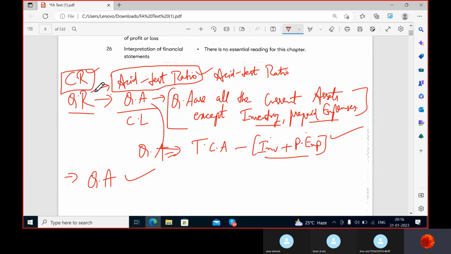Quick ratio is also called the acid test ratio. I already told you, acid test is a slang used by Englishmen. It's a quick test actually.